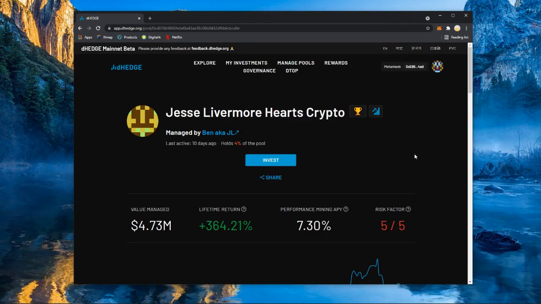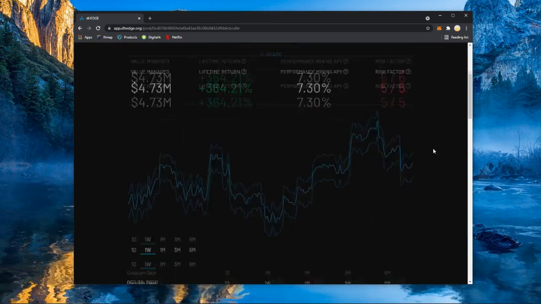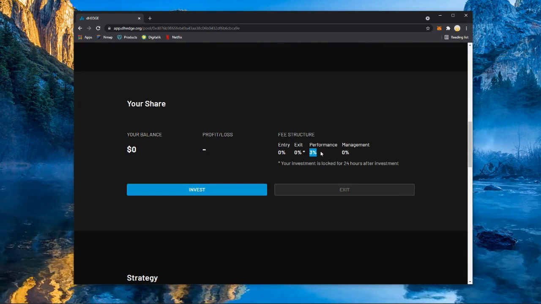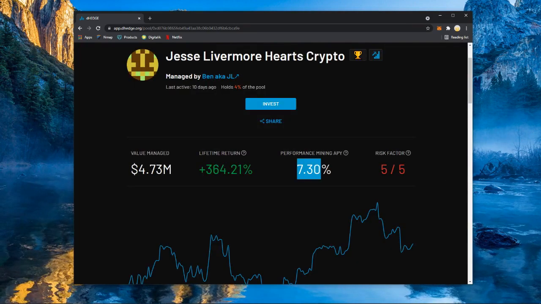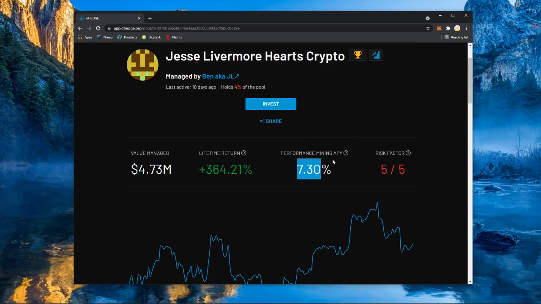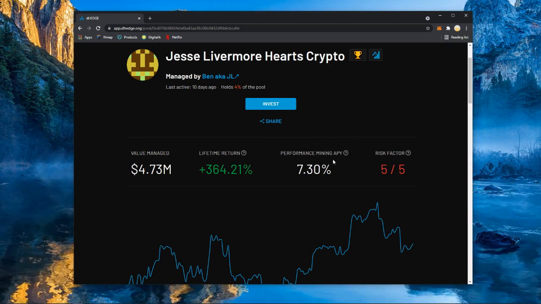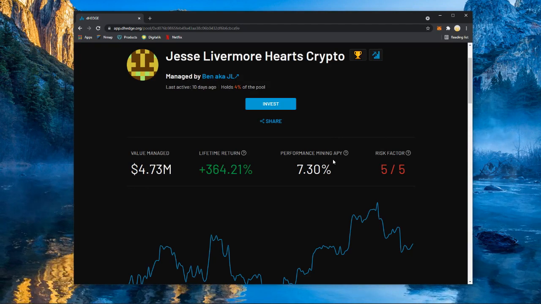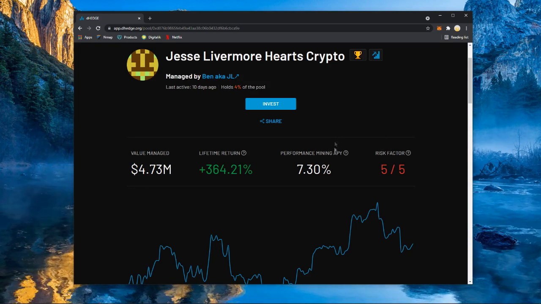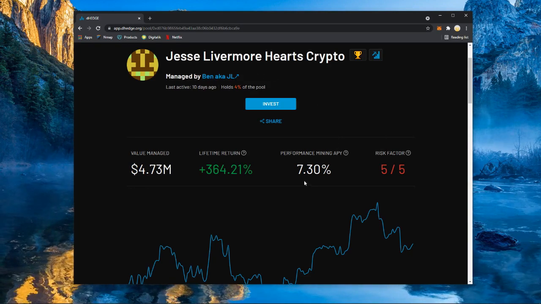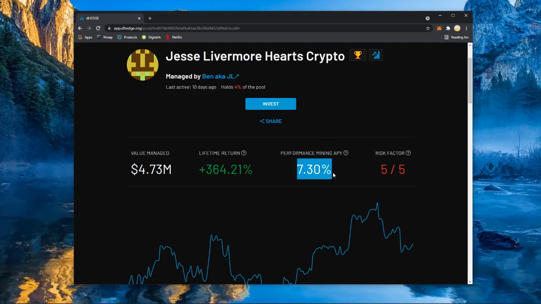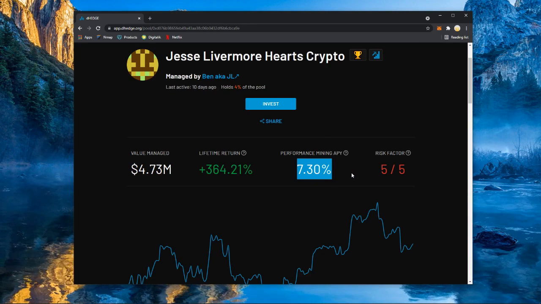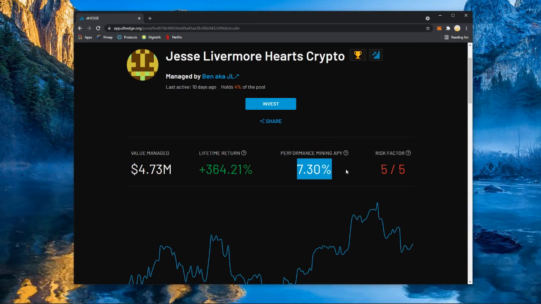If we go to a single pool manager, as you can see with this pool manager, there is a 3% performance fee and a 7.3% performance mining yield. This means that 3% of the profit from the pool when investing in this pool is given back to the pool manager, but 7.3% of this token that you stake for liquidity is given back to you in the form of a DHT token.